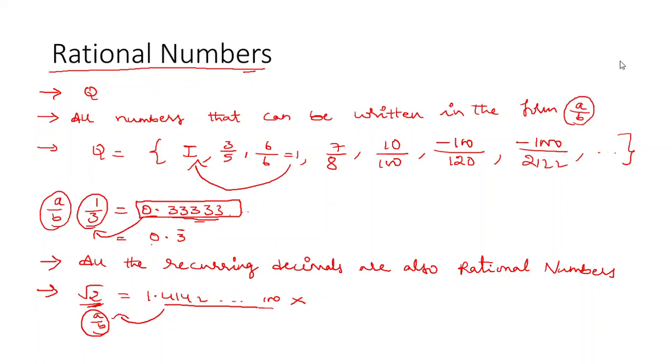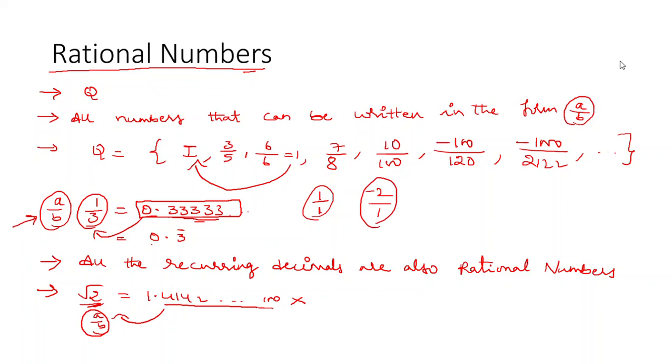So to sum up all the points, a rational number is a number that can be written in the form a by b. All integers are rational numbers. We can represent 1 in the form a by b, 2 as 2 by 1, or minus 2 as minus 2 by 1.